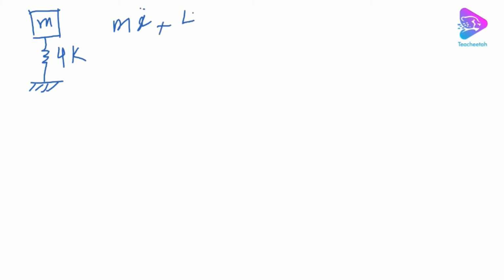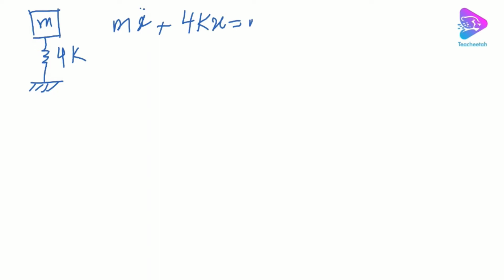Now let's continue. We ended up with this system. We have the mass, and then we have the spring, 4K. As you remember, the equation of motion for this system is M equivalent, which is actually M here, X double dot, plus K equivalent, which is 4K, X equal to 0.